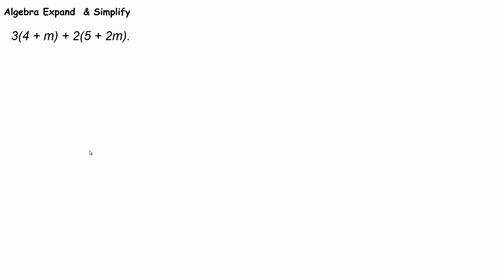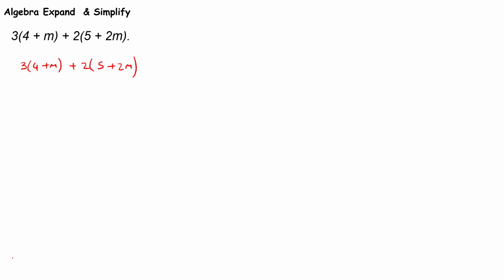Okay, so I'm going to be expanding and simplifying these brackets here. First instance here, on this question, what have we got? We've got 3 brackets 4 plus m, plus 2 brackets 5 plus 2m.